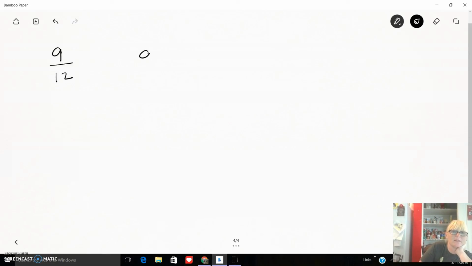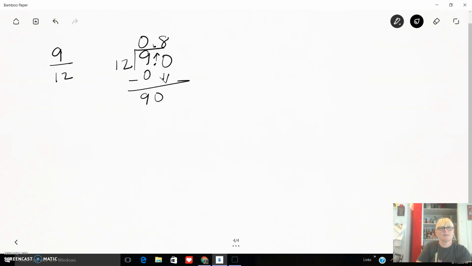Okay, so 9/12, I'm going to divide 12 into 9, which I can't do, so I'm going to go ahead and put my decimal there because I know I'm going to need it. 12 can go into 9, 0 times. 12 can go into 90, 7 times. 12 times 7 is 84. 0 minus 4, can't do it. 10 minus 4 is 6.